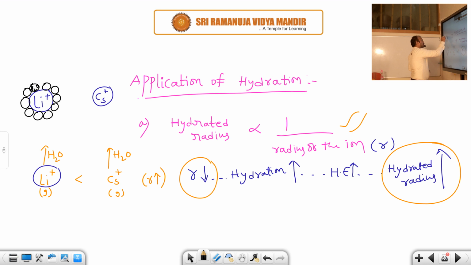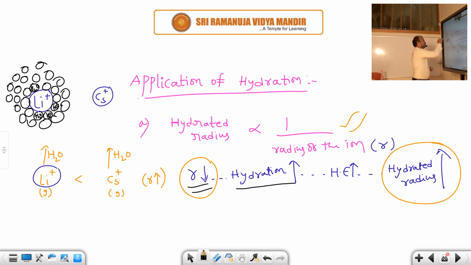These all are water molecules. I had already told you, radius of the ion decreases, hydration increases. So the molecules surrounding the lithium plus cation increase.